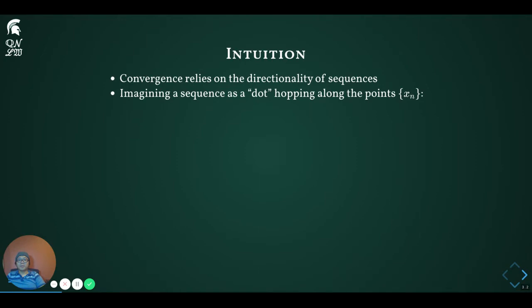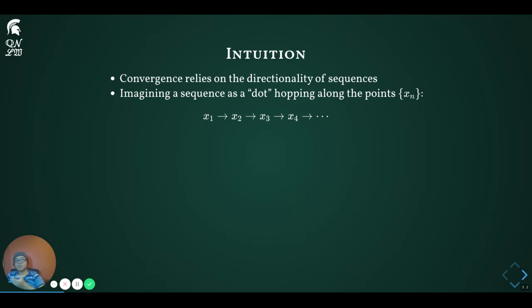Let's try to explain the definition a little bit. The intuition is that convergence uses heavily the directionality implicit in the indexing of the terms. One way to think about convergence is to think dynamically. Imagine a sequence is described not only by the set of values it outputs, but by the dot that hops along those values.